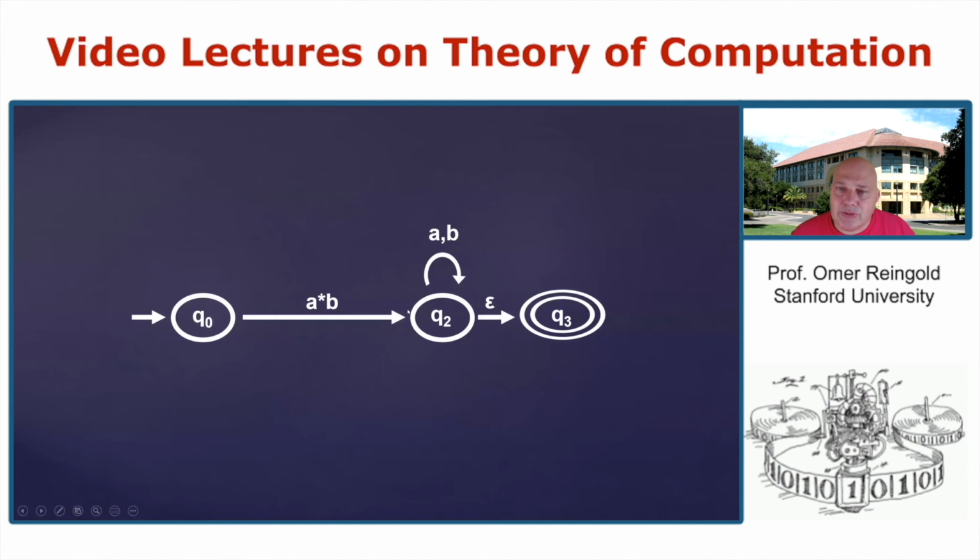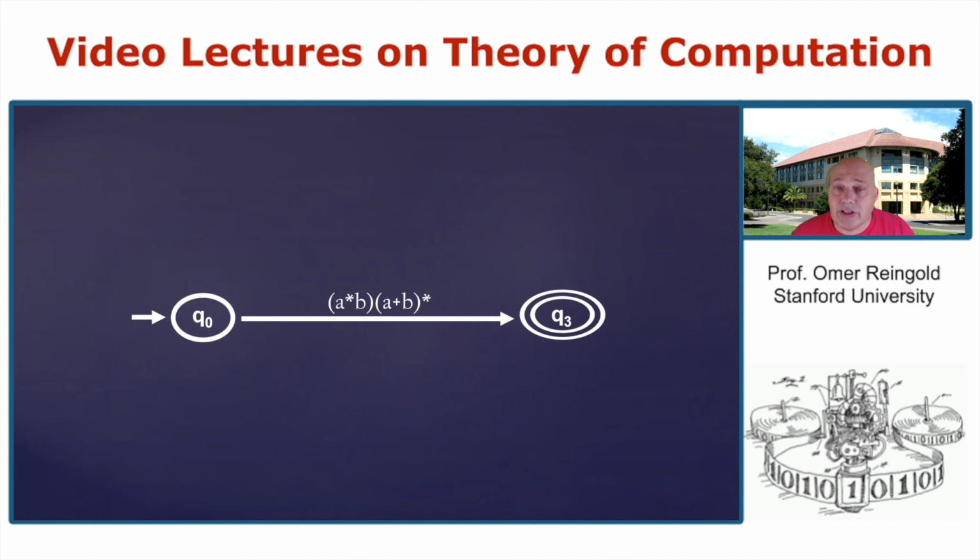So it's this regular expression concatenated with this regular expression star, concatenated with this one, which is empty. This is A star B times A plus B star times the empty string, which we don't need in the regular expression.